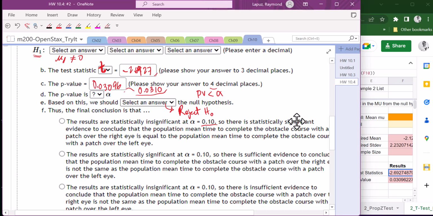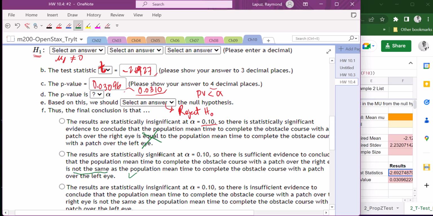There is a statistically significant evidence to conclude that the population mean time to complete the course is equal to. So this is not it. I'm not saying it's equal to. The results are statistically significant, so evidence to conclude the population mean is not the same. So this is good.